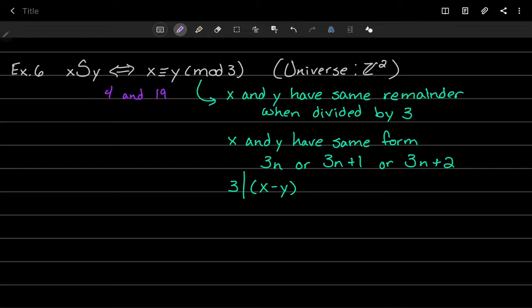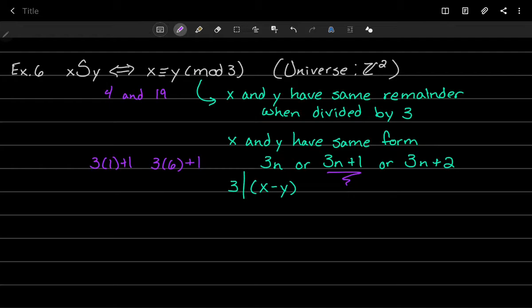So that's the first one. They have the same remainder when divided by 3. Now the second meaning, since they have remainder 1, they're both going to be of this form, 3n plus 1. Let's look at that. So that would be, let's see, 3 times 1 plus 1, that would be 4, and 3 times 6 plus 1, that would be 19. So we can see they are of that same form.